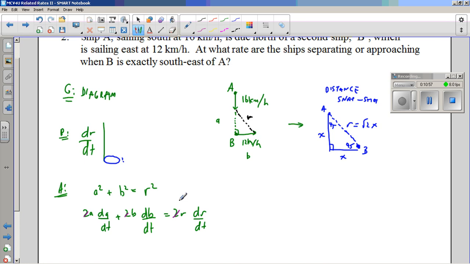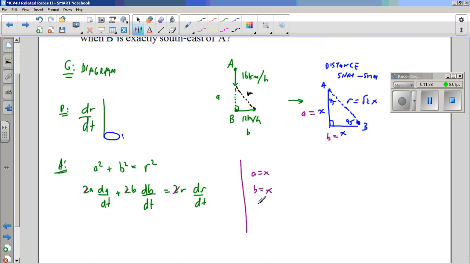And actually, what else is nice here is for the snapshot in time, these A's and B's are distances, right? What is the distance that I'm interested in? I'm interested in this distance being x, this distance being x, and this distance being the square root of 2x. This is when this southeast thing happens. So here I have the value a is whatever distance it is. I don't know what it is, I'm calling it x. B is the same distance to get it to be southeast.